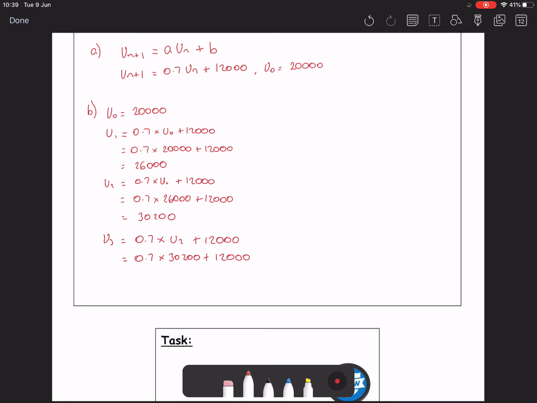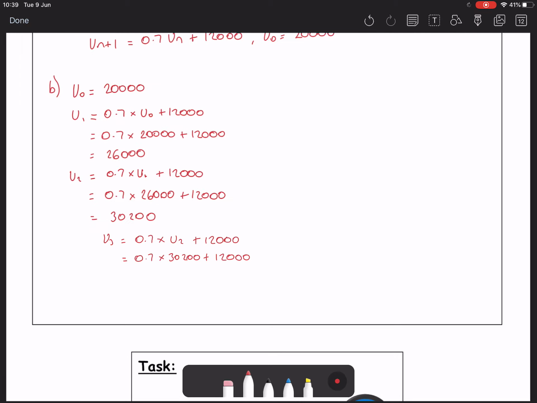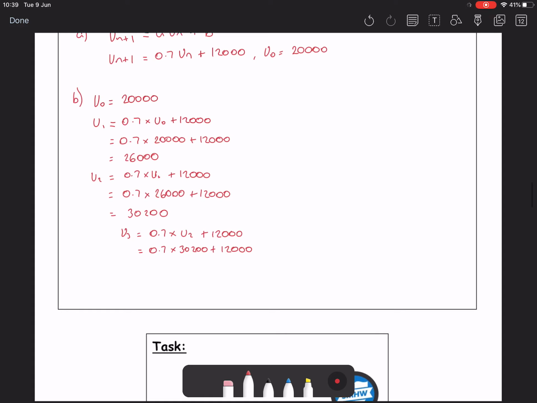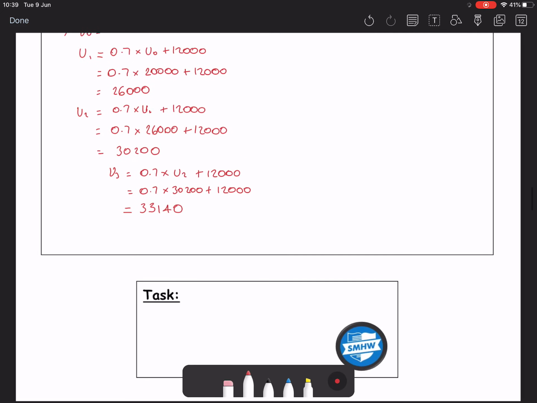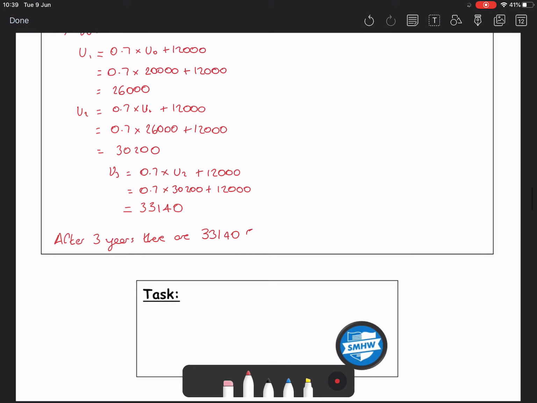Again, all I need to do is press equals, 33,140. So the question says, how many fish after 3 years? After 3 years, there are 33,140 fish.